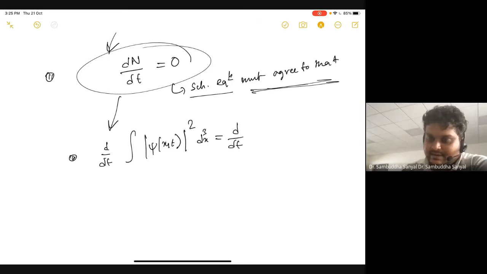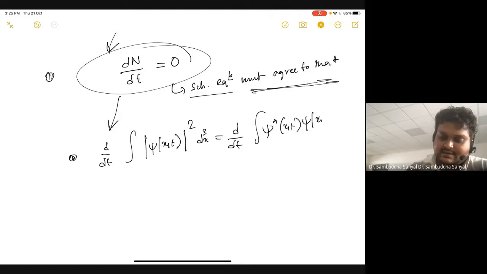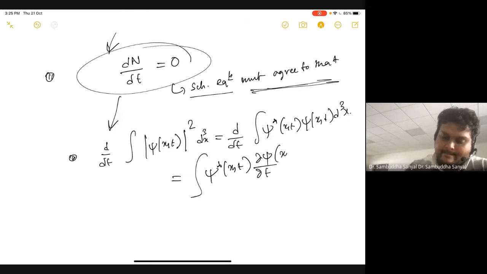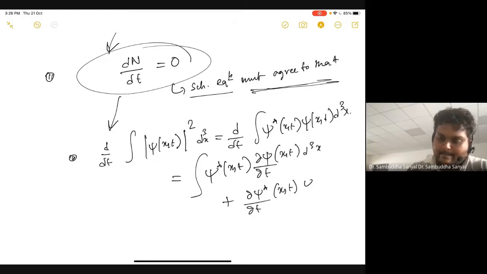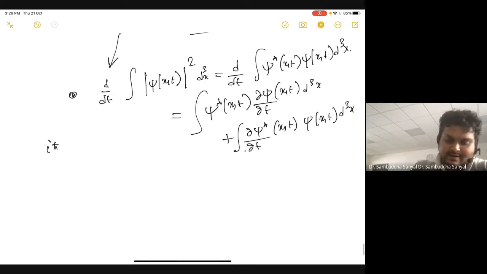So if I rewrite it as the integral of psi star(x,t) psi(x,t) d^3x, then, now we know that the Schrodinger equation is basically i h bar del psi/del t = H psi.